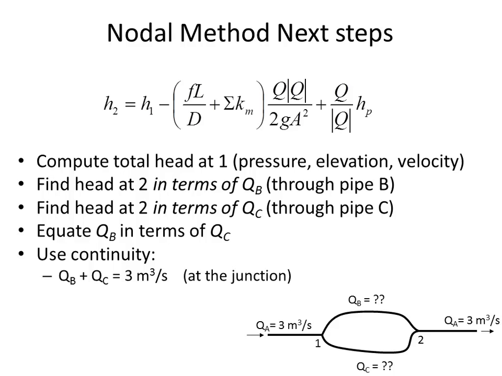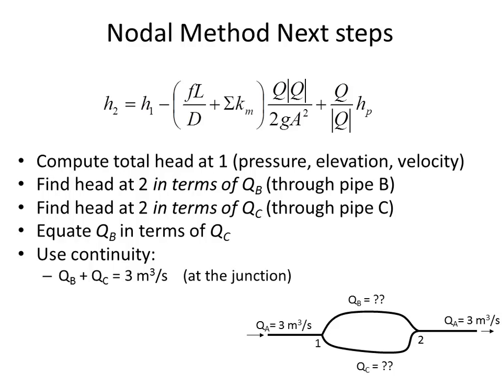We'll find all of the energy at 1. We'll find the total head there, meaning the elevation, pressure, and velocity head. And then we're going to find the head at 2 in terms of the top route. Also write an equation for the head at 2 in terms of the bottom route. And remember that QB and QC aren't known.